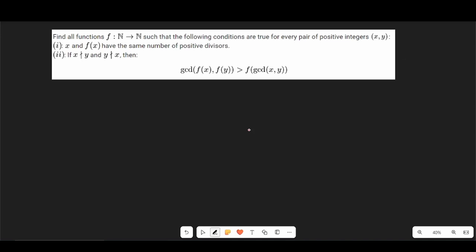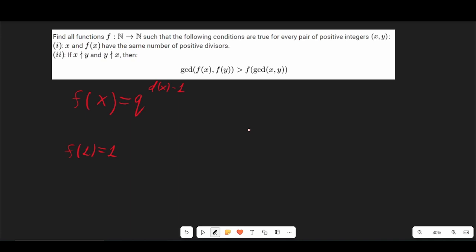Now we will show that f of x would be some prime number q to the power of the number of divisors of x minus 1. At first, it's easy to notice that f of 1 is 1, because 1 does not have any prime divisor, and f of 1 must not have any divisors except 1.